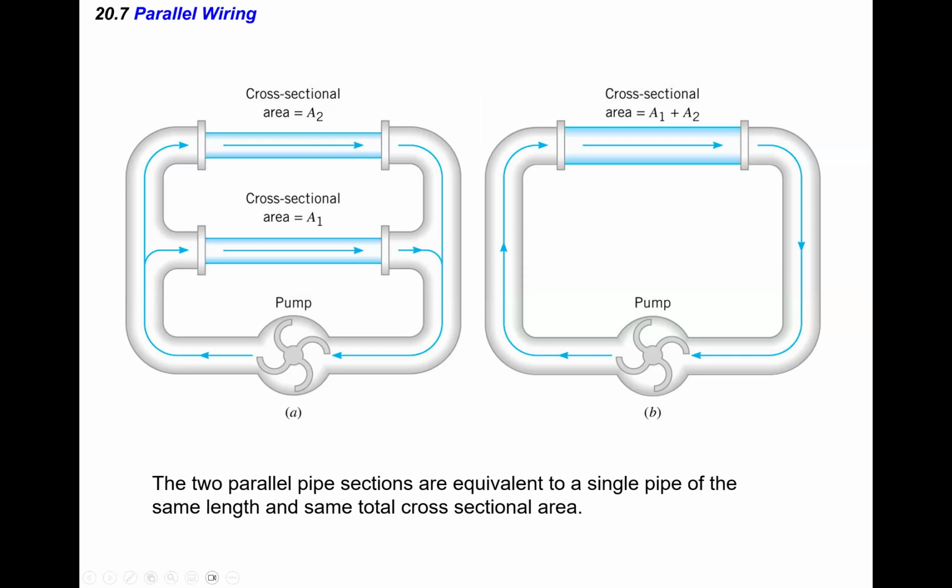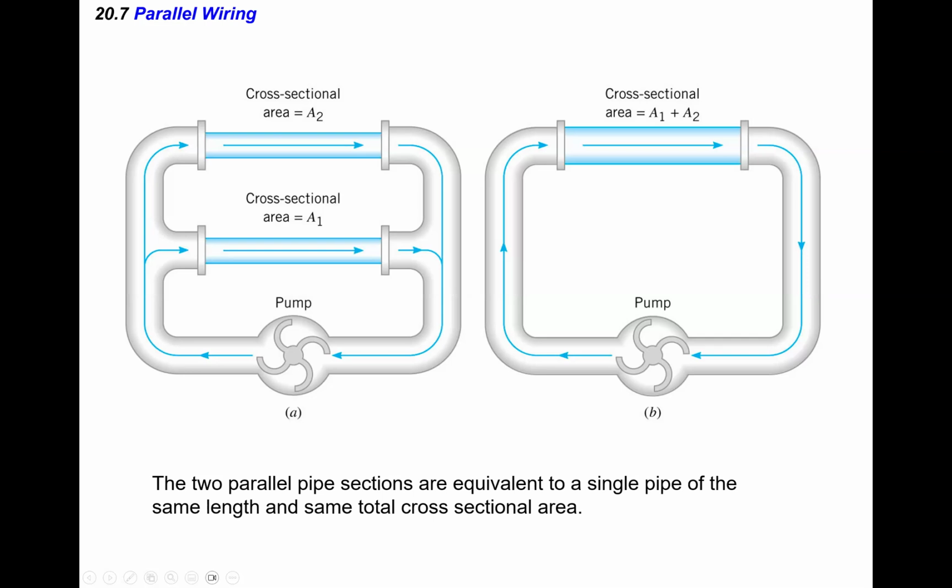So this is more like, think about how current flows. It's like a water pump: you have one tube here and you have two tubes here. So I will be equal to I1 plus I2. And if you have two tubes, it's like the area is added.